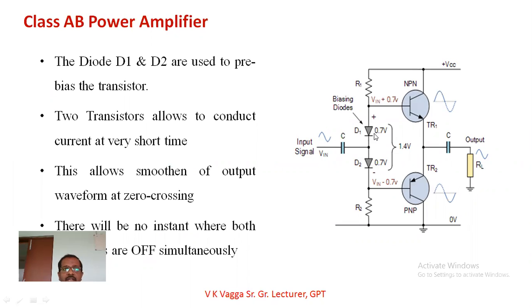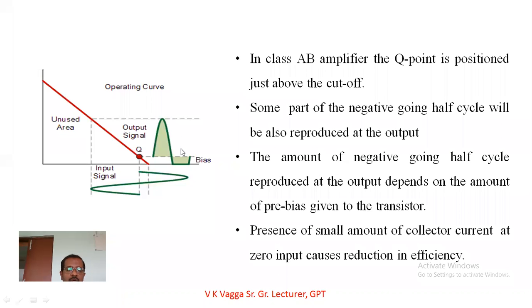If it is implemented with silicon, it is 0.7 volt, and if it is implemented with germanium, it is equal to 0.3 volts. The negative cycle voltage is up to 0.7 if it is for silicon, and if it is for germanium, it is 0.3 volts.